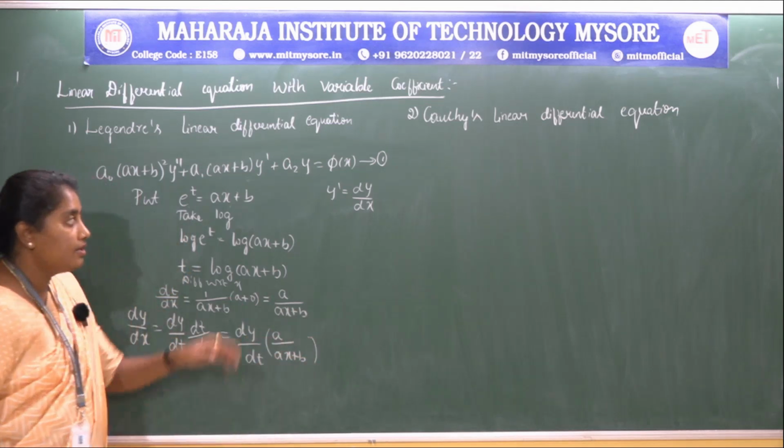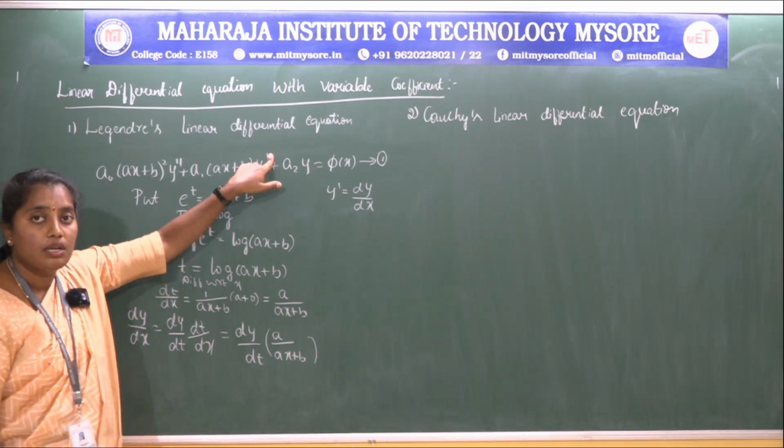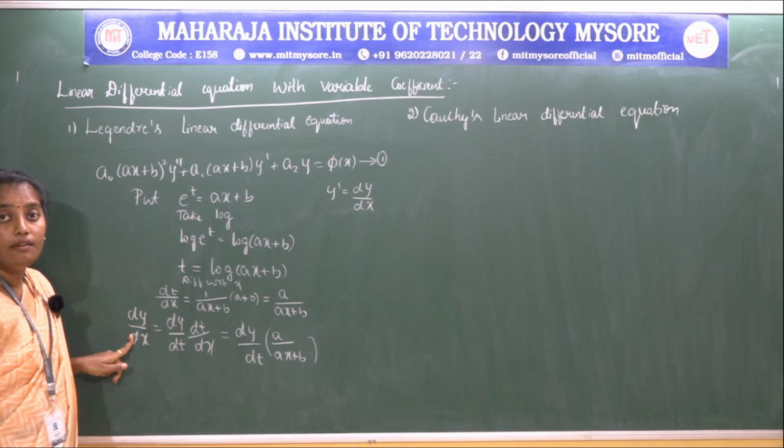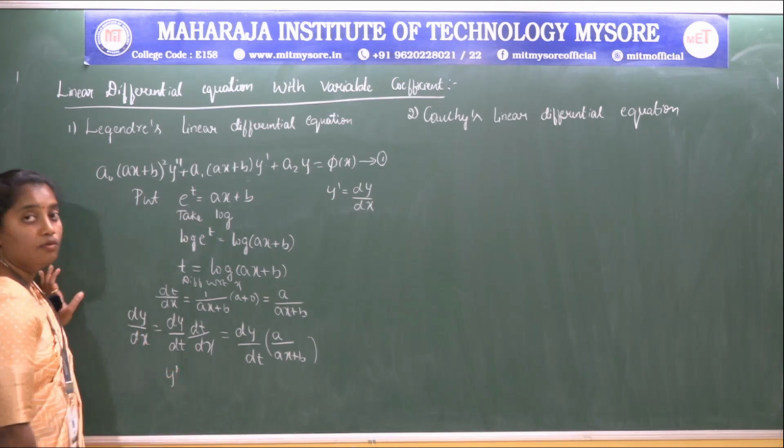Here in equation number 1, we have ax plus b into y dash, where y dash is nothing but dy by dx.